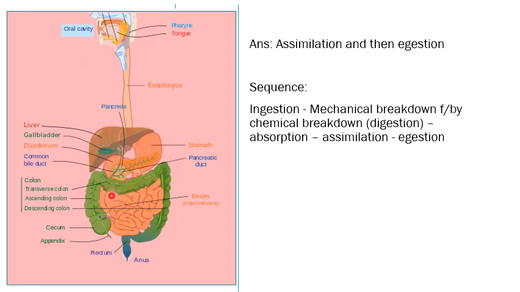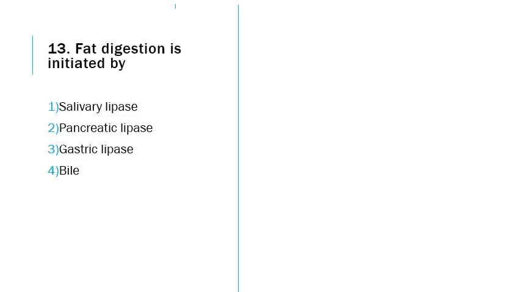Along the small intestine, mainly in the jejunum and ileum, absorption will happen, and the nutrients will be carried to the liver through the portal circulation, and then enter the blood, and from the blood the cells will take them up, that is the assimilation, and then the remaining waste products will be excreted out.